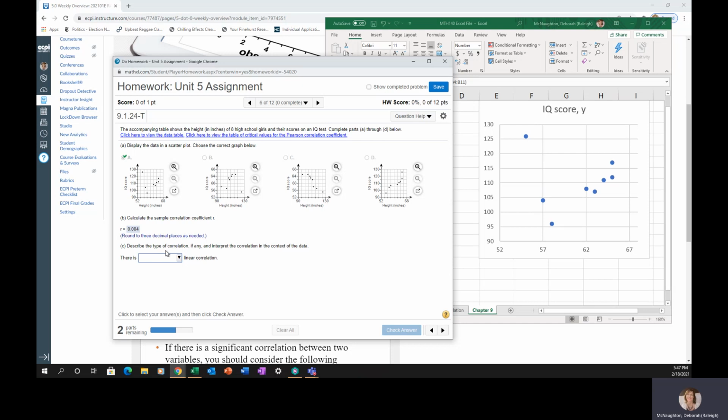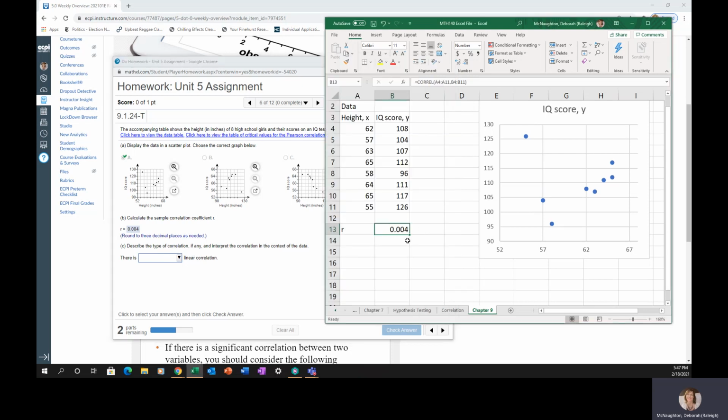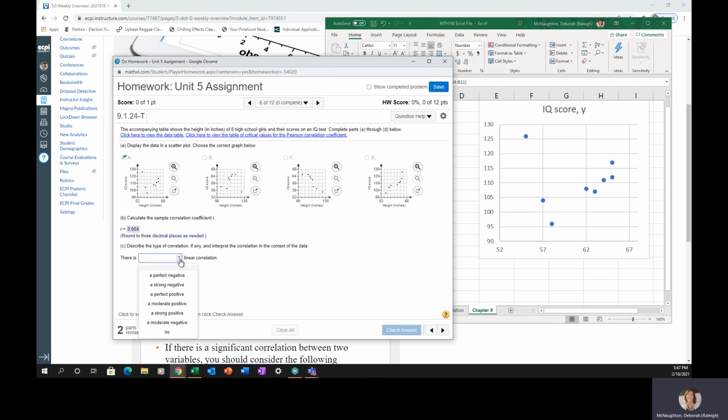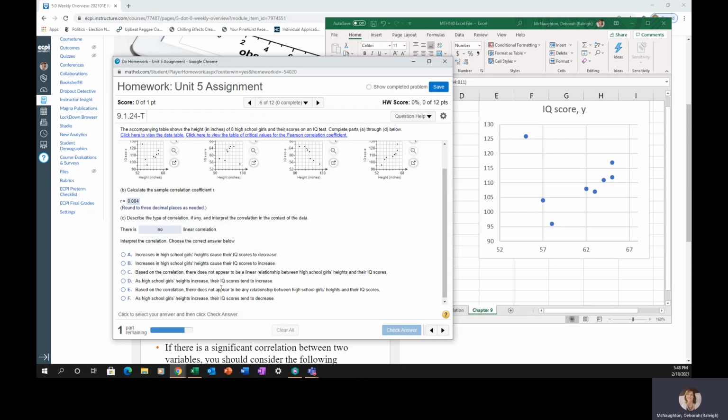Okay, and then describe the type of correlation, if any. So this is really close to 0. So for this one, there is no correlation. If you get a different value, then you'll want to pick the right answer that matches your data. And then interpret the correlation.